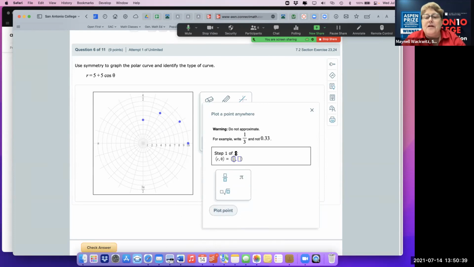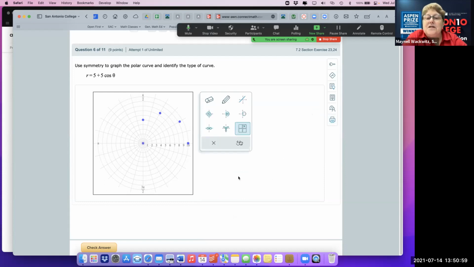And I think they'll only let us do one more point. Let's go ahead and do pi. What is the cosine of pi? And so we're going to get 5 times -1 is -5, plus 5 will give us 0. Now, let's see if this is sufficient.